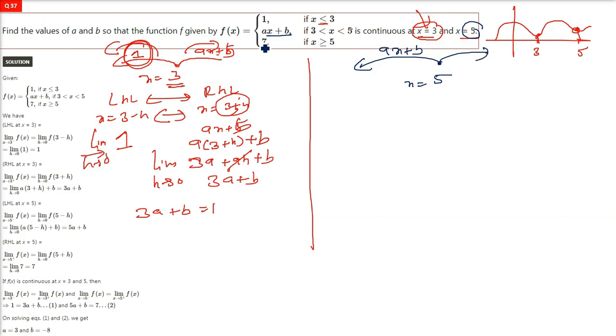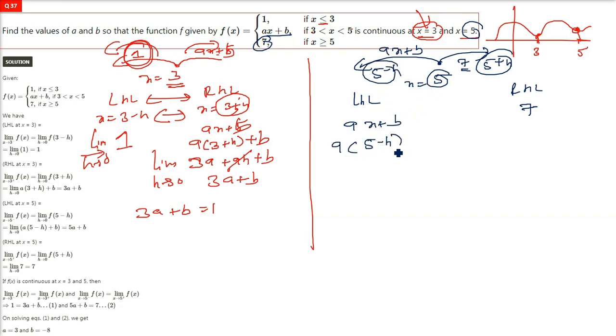I'm sorry, I keep saying 5 instead of b. So on the left hand side we have ax plus b, with 5 minus h on the left and 5 plus h on the right. We replace x by 5 minus h, so a(5 minus h) plus b.